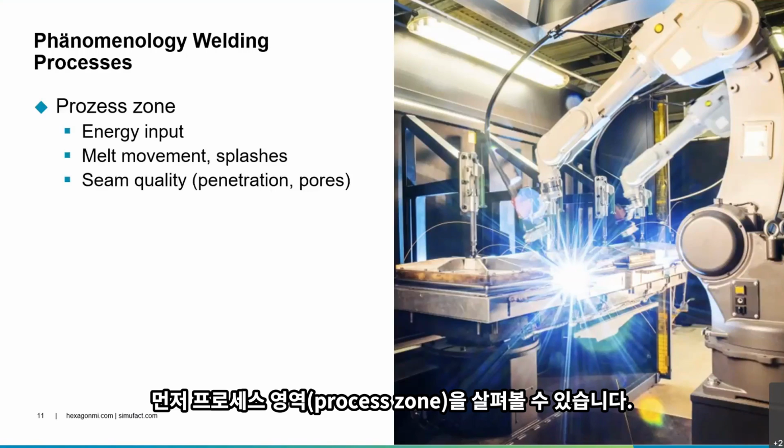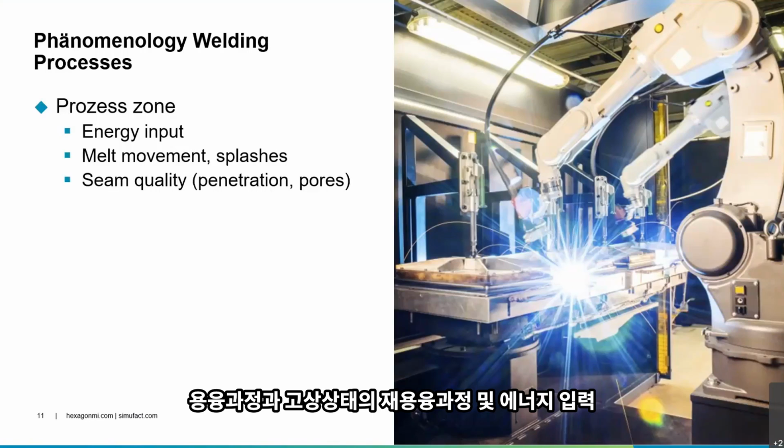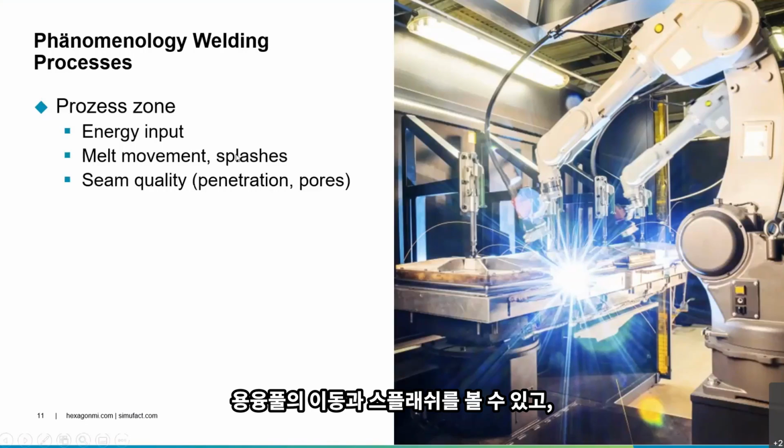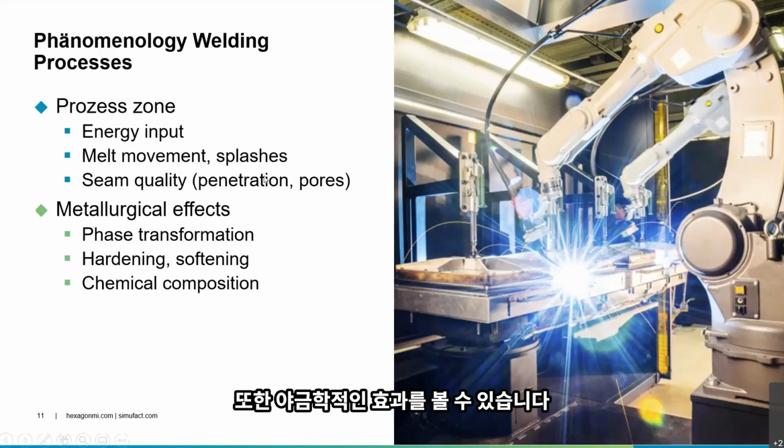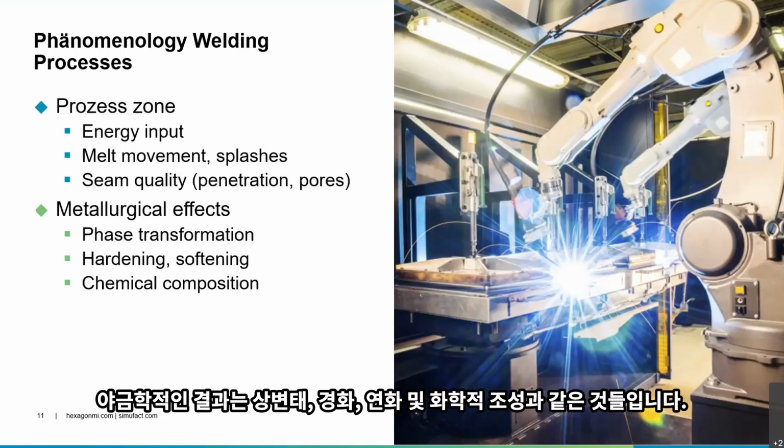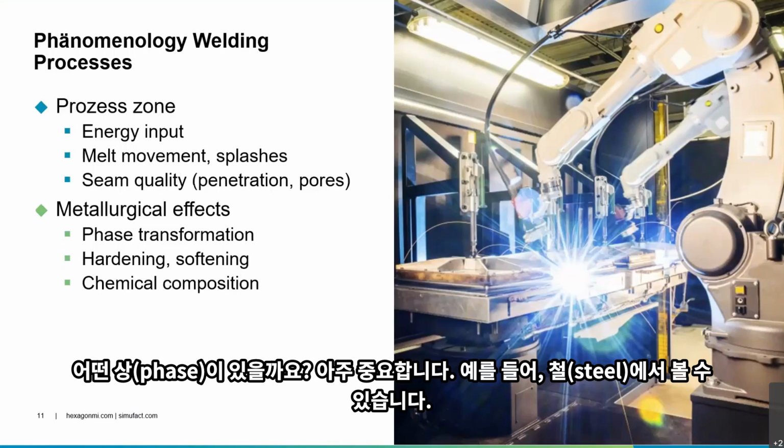You could first of all look into the process zone, see the melting process, the solidification, remelting, see energy inputs, melt movement, splashes, investigate the seam quality, penetration, pores, or you could look at metallurgical effects like phase transformation, hardening, softening, chemical composition. What kind of phases are there?